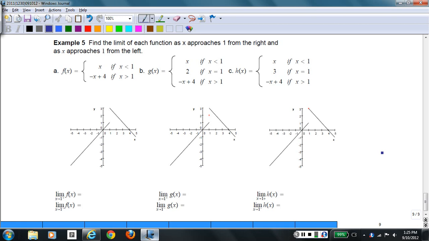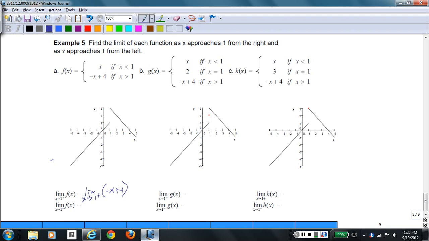First function: as x approaches 1 from the right, where x is a little greater than 1, it's defined to be negative x plus 4, so this is the limit as x approaches 1 from the right of negative x plus 4.